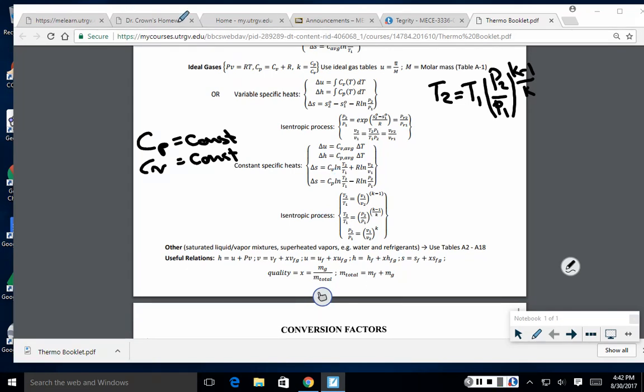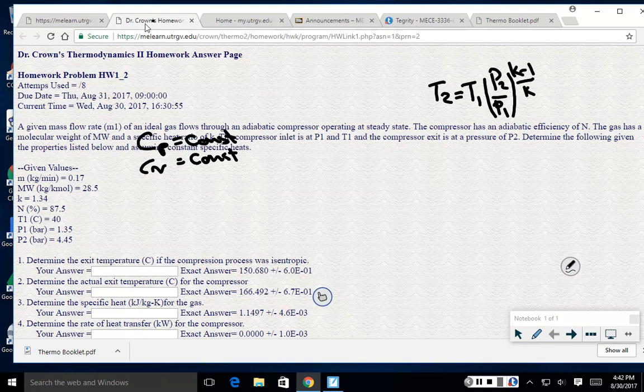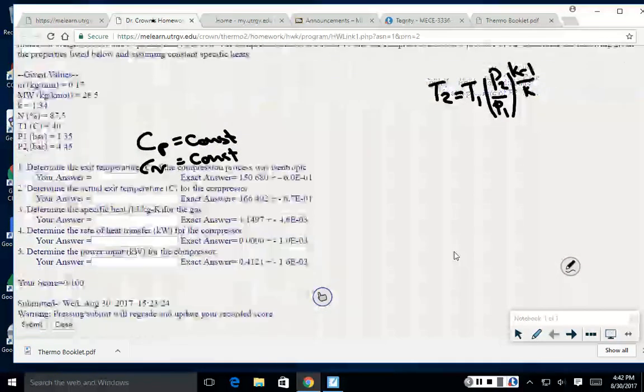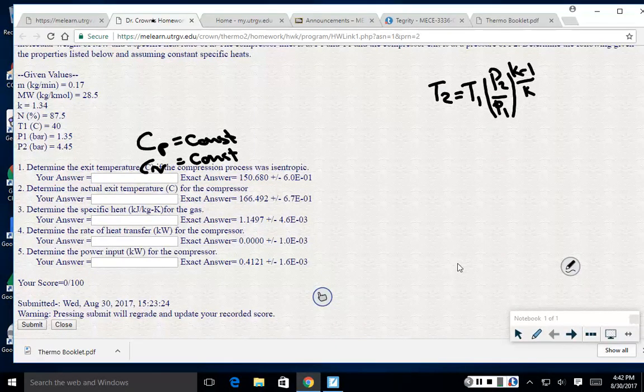Going back to the problem. It's one of these here. Okay, so it's a little bit in our way there, but my final temperature, the exit temperature, will be T2. So I'm going to use T1 is 40 degrees C, but I need to put it in absolute temperature.